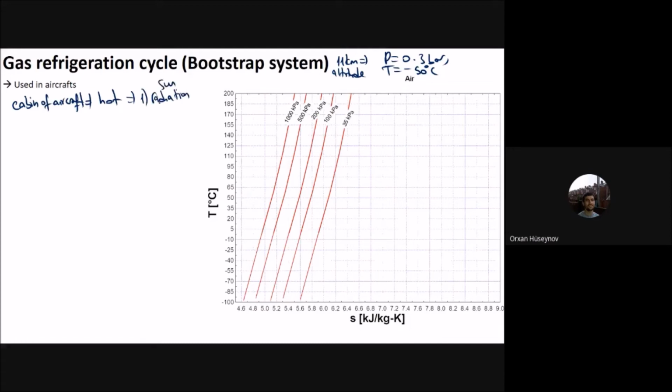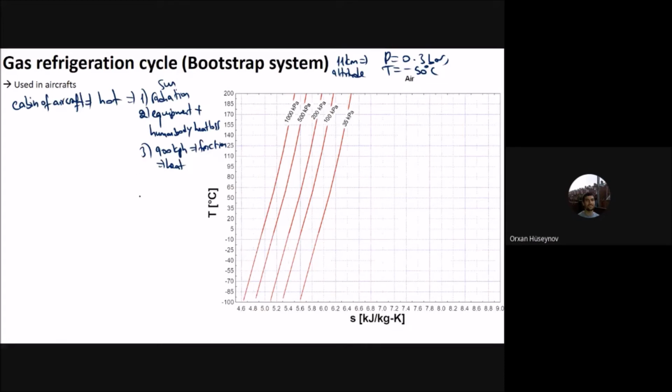Second, you have the equipment inside, for example the lights and the TV set, plus the human body heat loss. The third thing is that the aircraft travels at a speed of 900 kph, and this speed creates friction, and that friction creates heat. Due to these additional heat effects, the cabin of the aircraft is hot.